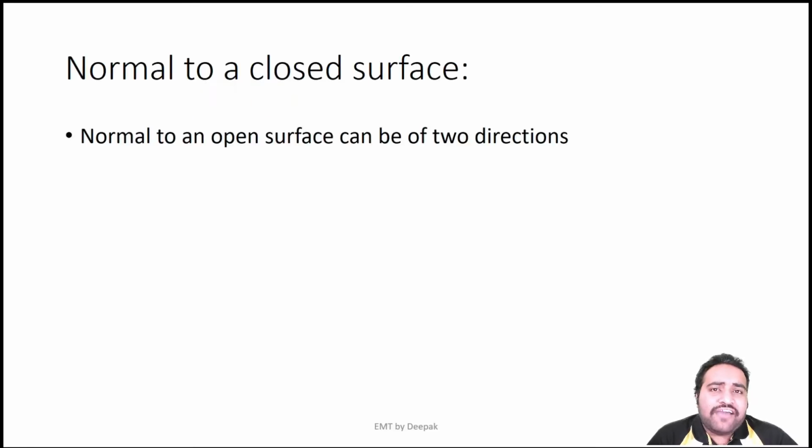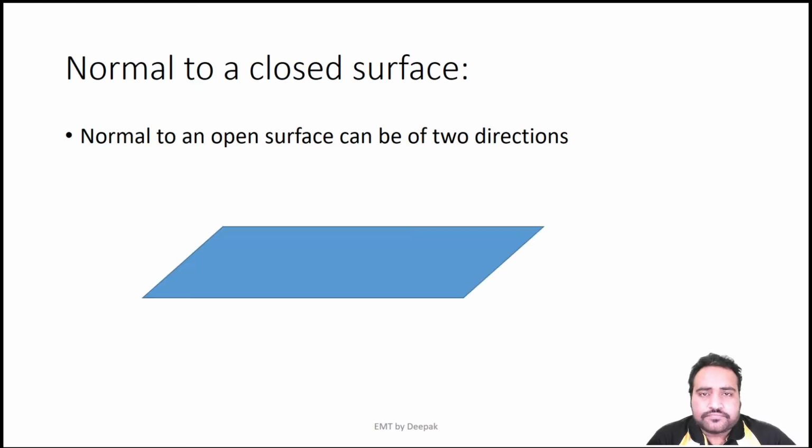If you have an open surface, it can have a normal in two different possible directions. If you consider this to be the surface, the definition of a normal says that if you draw any vector in a plane, then the normal is the vector which would be perpendicular to all possible vectors on the plane.